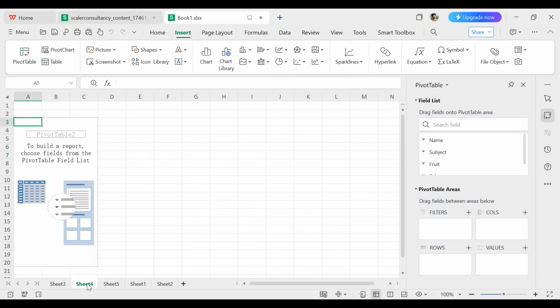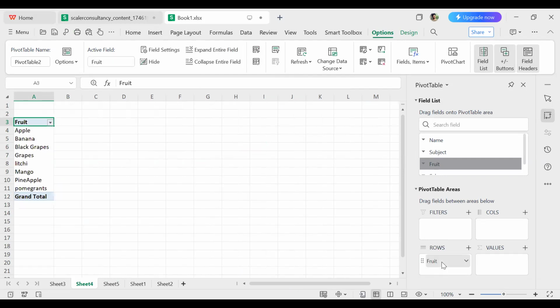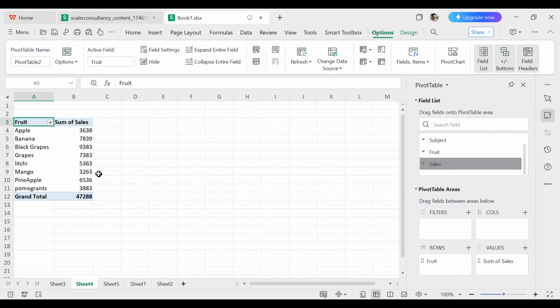So I think this was not saved. That's why it's showing the fruit. Let's do it once again. I'm putting the fruit here. Okay, it's coming again, the fruit on it.